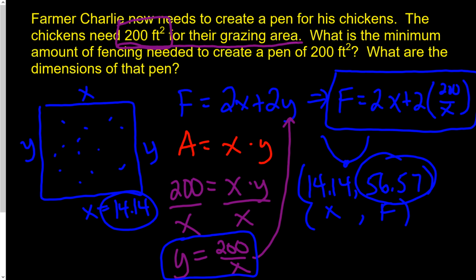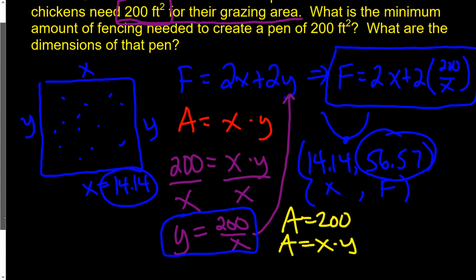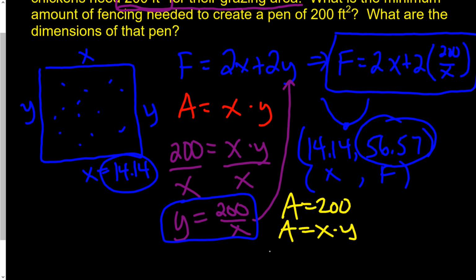Okay, so if it tells us that the area is 200, we know one of the sides is 14.14. And I know the area formula is X times Y. I can plug in what I know and figure out what the missing side is.